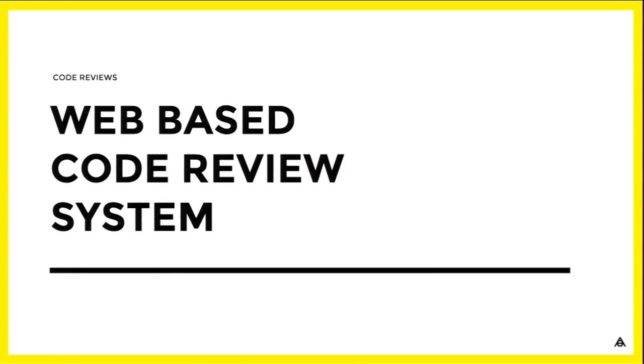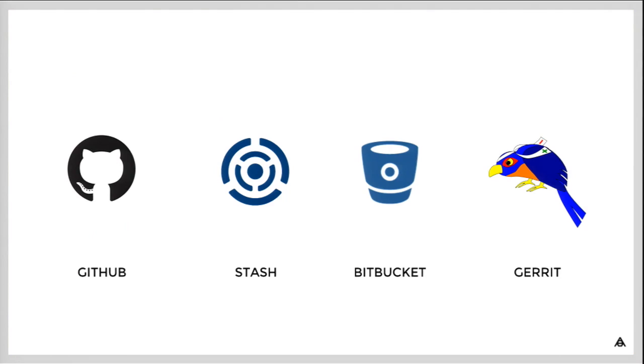We are using a web-based code review system. Mainly the most famous are GitHub and Bitbucket. They are cloud-based web-based review systems, but you have also, for example, Stash or Gerrit. Gerrit for me is the most powerful.